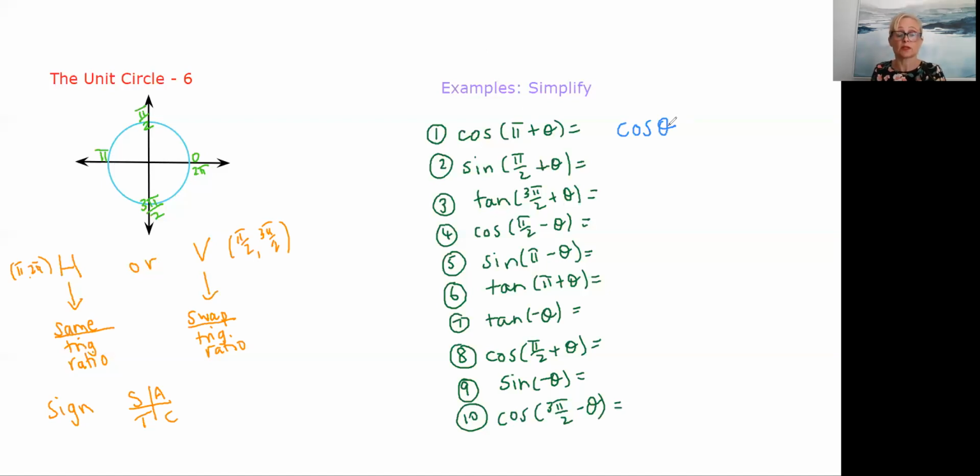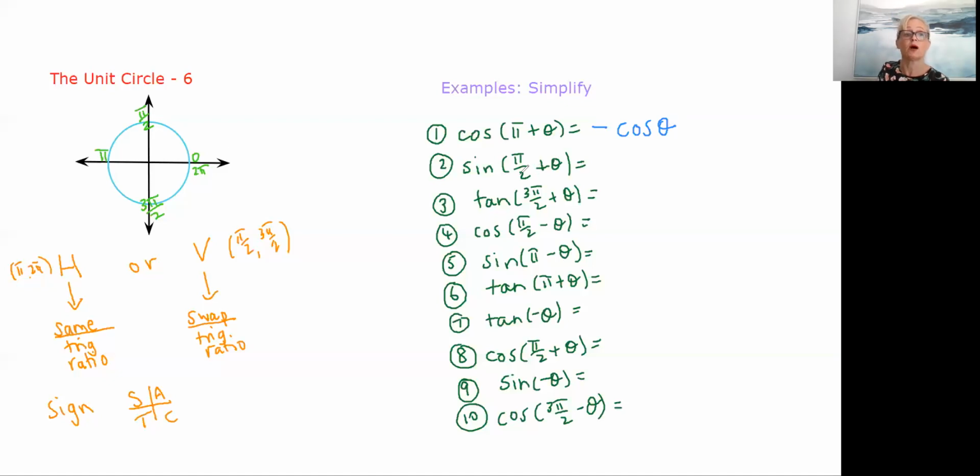So I've asked myself, is it horizontal or vertical? Because it was horizontal, I keep the same trig ratio. Then the only other thing we need to do is we need to work out, is it positive or negative? Now, if you've got pi plus theta, you're in the 3rd quadrant and cos is negative there. So cos of pi plus theta will be negative cos of theta. All right, let's do the next one.